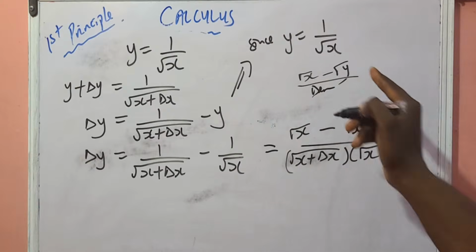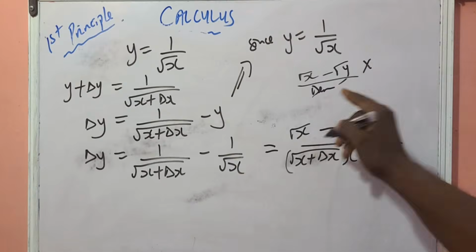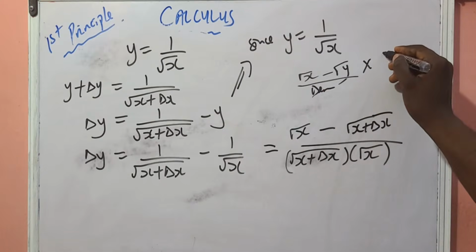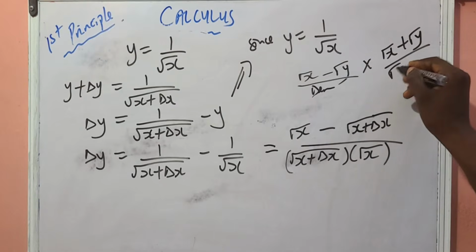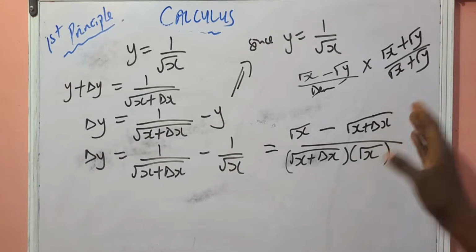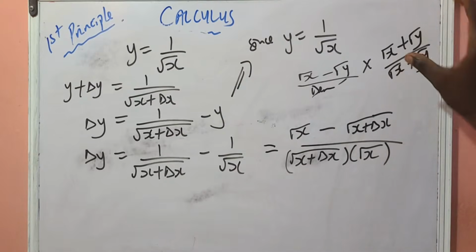The best way to always tackle this is to multiply both sides by 1. But this 1 will not be just 1, but we will be having root x plus root y over root x plus root y. We want to change the form of this expression, obviously, because this doesn't look like something you can do so much with. So to make it easier to solve, you want to do this.